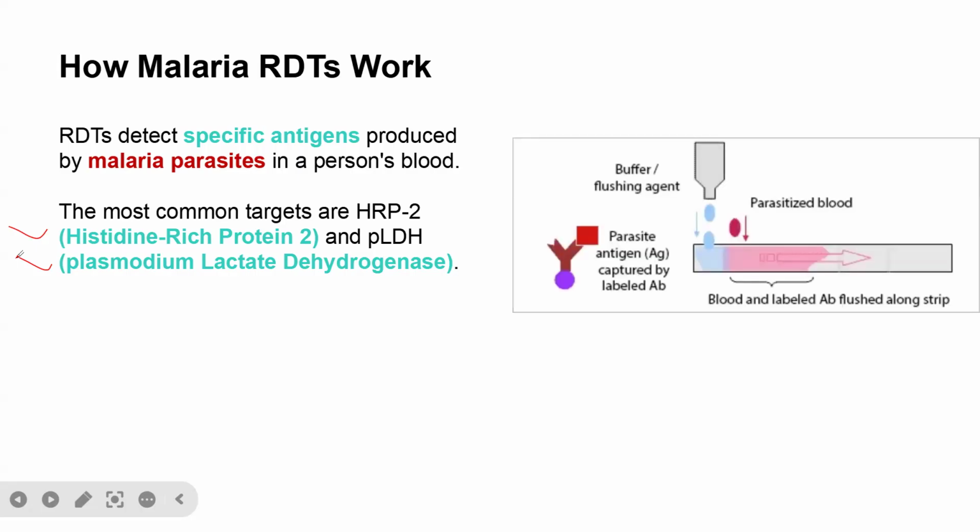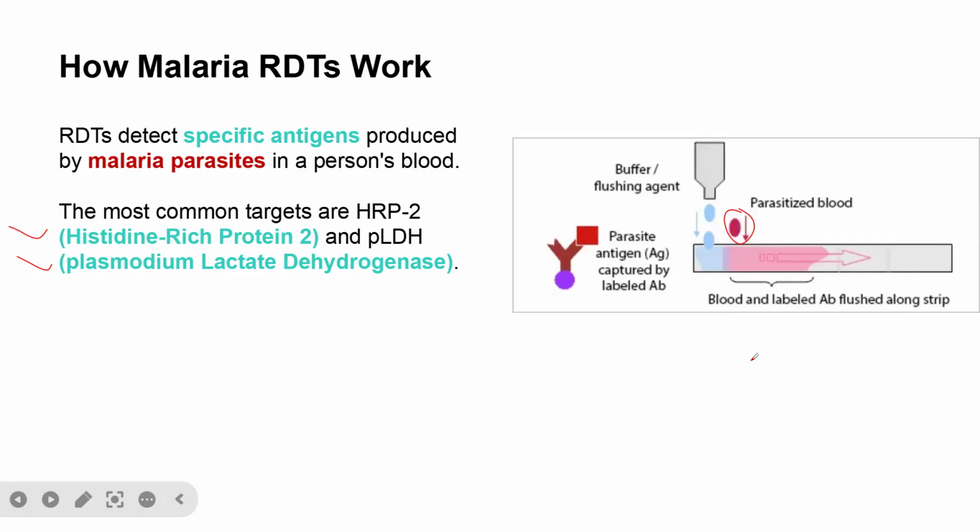If you remember, at the first stage we talked about the components of the RDT kit, which is made of a square hole and also a round hole. In the square hole, that is where we add blood, and in the round hole, that is where we add buffer.